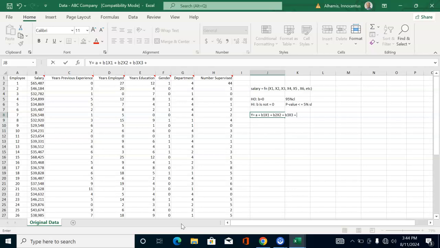In this case we are considering plus because we think that they all have a positive relationship with the salary. Otherwise we could put minus if we think that there is a negative relationship.